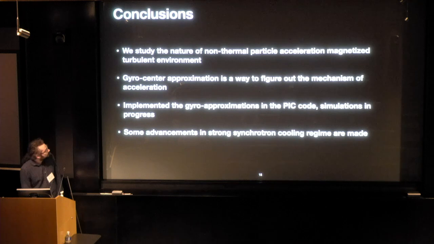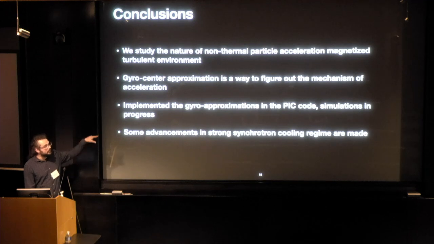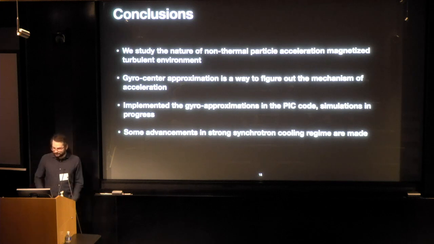We implement the gyro approximations to study the different processes separately and see what affects what, and to figure out the exact mechanisms of these non-thermal particle accelerations. This is still work in progress, and we hope to get simulations with more of those drifts taken into account and so on. Thank you.